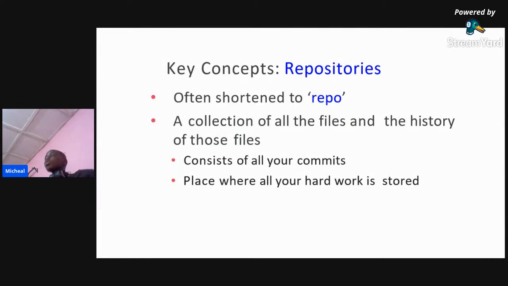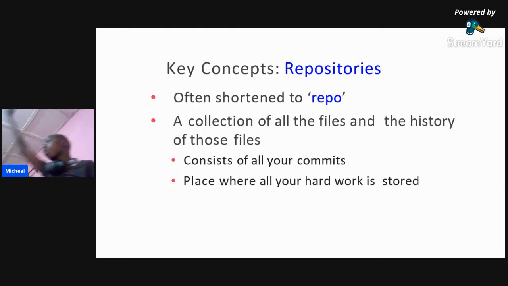Okay. So another key concept is repository. When Mr. Taiwo talked about having a traditional version control system and a distributed version control system, we were talking about having something online, on the cloud, where every one of us, as we are working like this, can put our code.